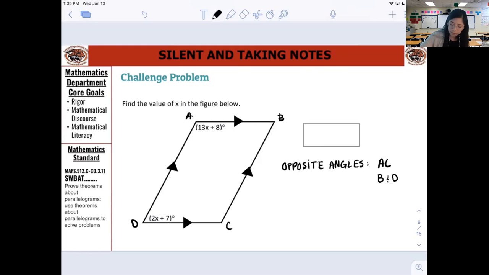A and B, what would those be? Consecutive angles, or there's one more word for it. Adjacent. Good. So in this case, A and D are adjacent or consecutive, which means, are they equal to each other or is it something else?